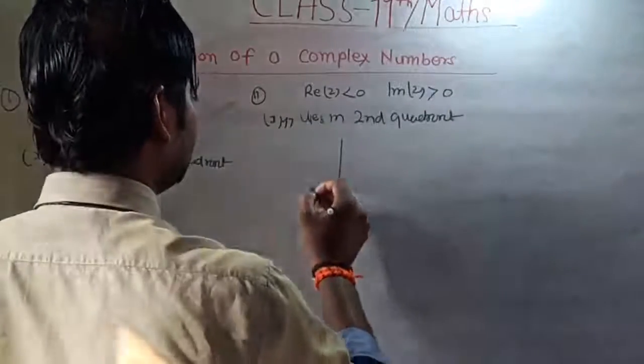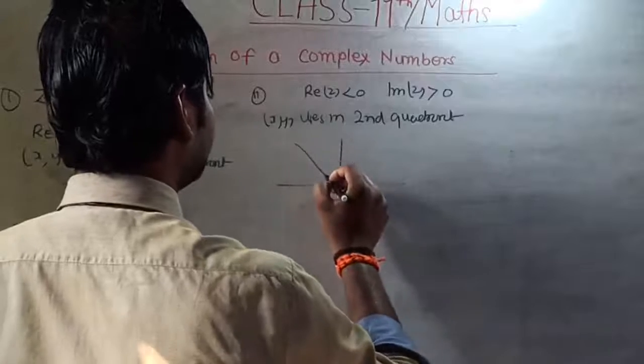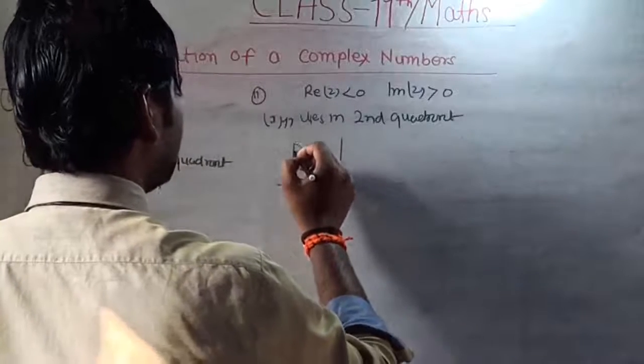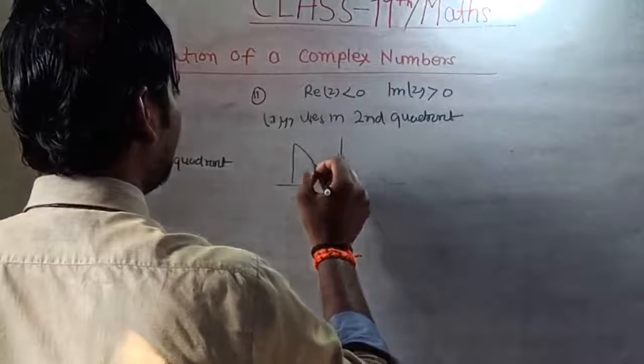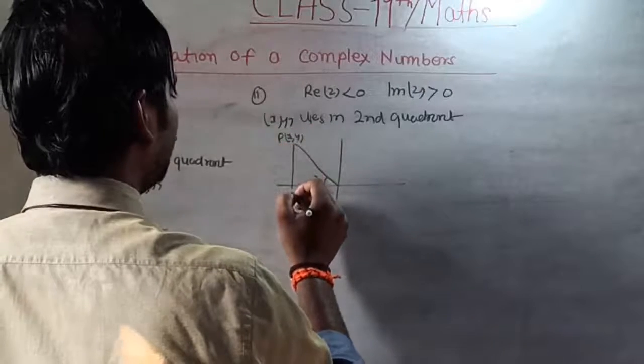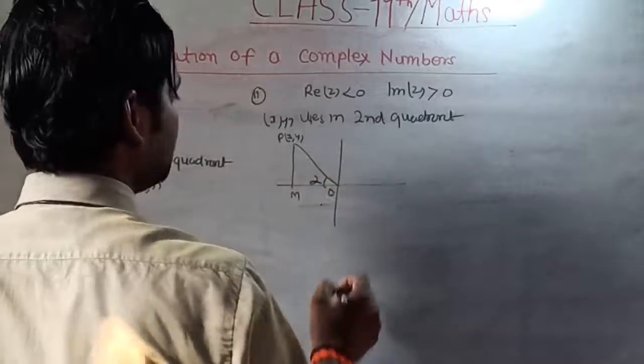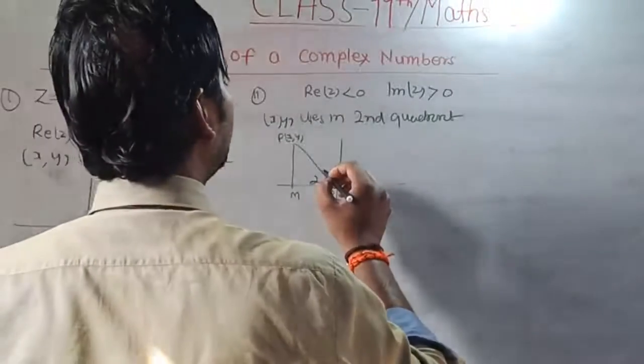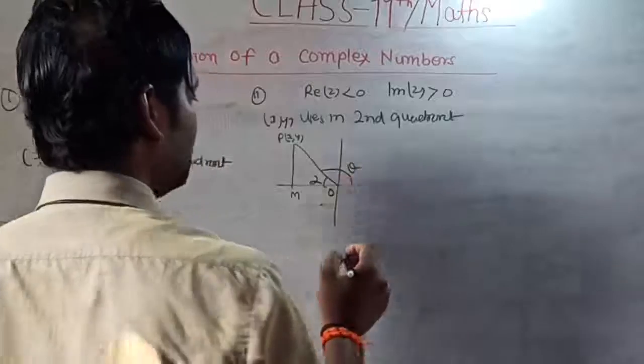This is alpha, this is P (x, y), this is O, and here is the amplitude.